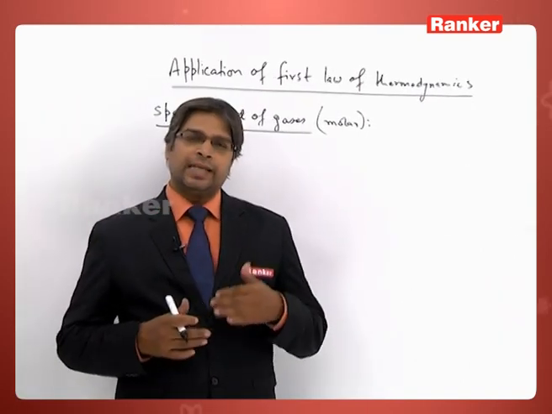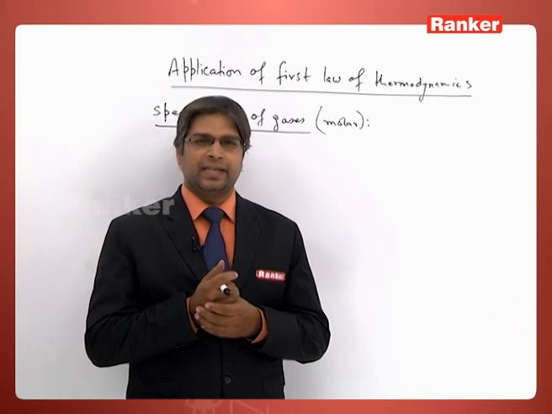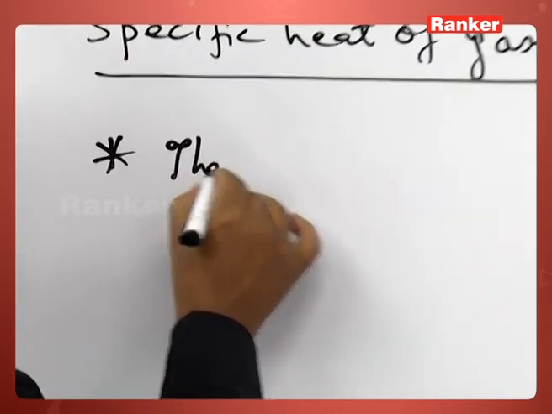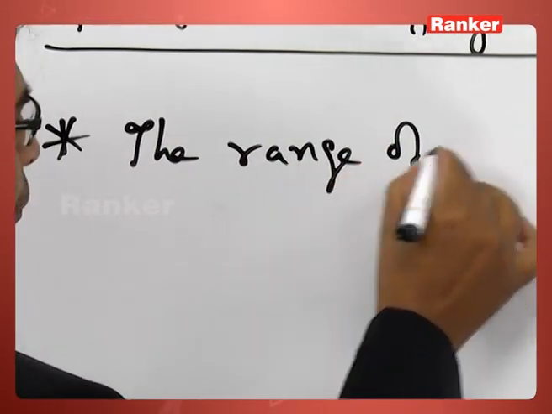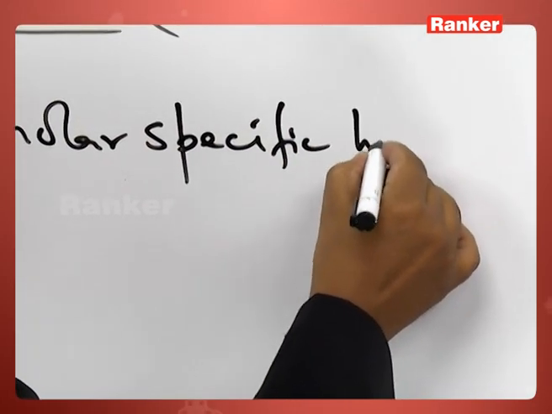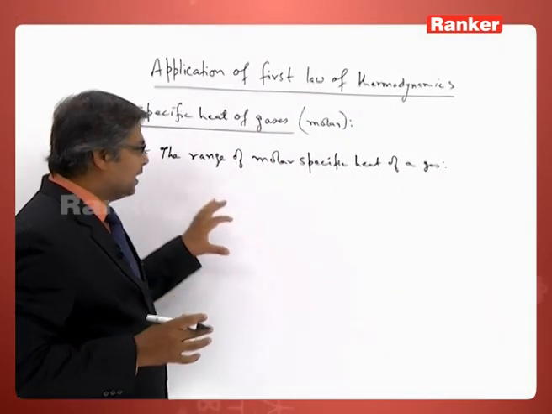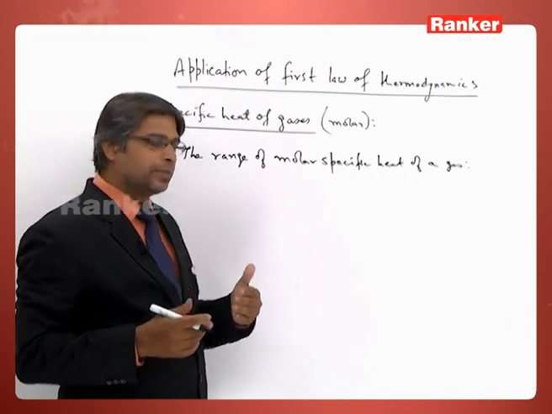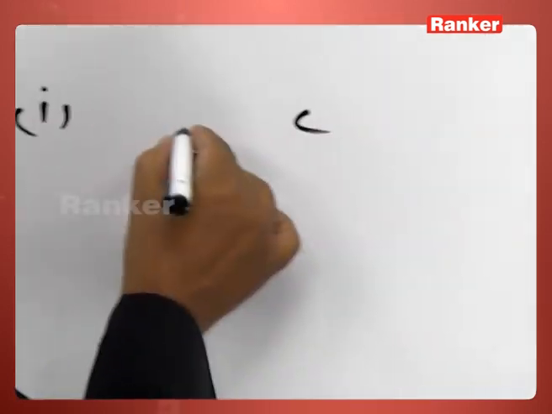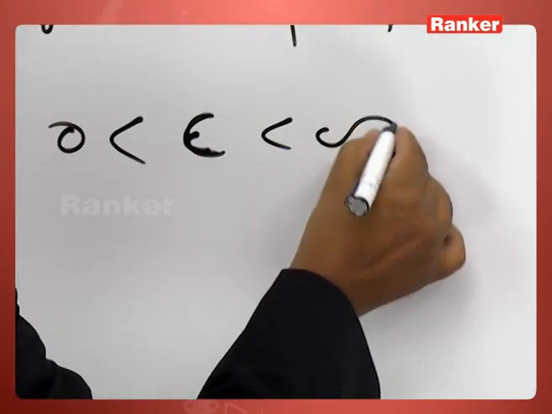Now let us see what is the possible range of specific heat of an ideal gas. Very important point: the range of molar specific heat of a gas. Let us predict what the possibility could be. I am giving 4 options. Option 1: C is from 0 to infinity.